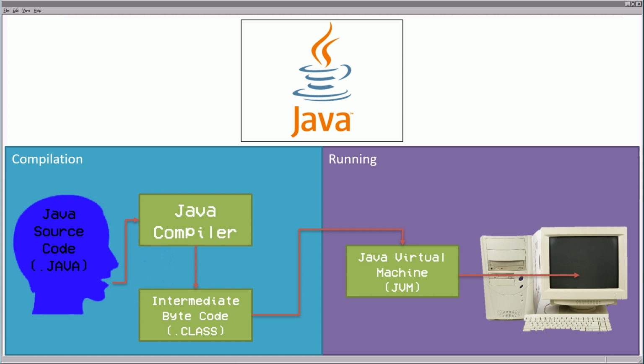Now, this intermediate step causes the biggest detriment to the Java language. The Java programming language is considered kind of slow because you have that step. But Java's main focus is portability. So when you develop something in Java, and thereby create those intermediate bytecodes, you can move that code to pretty much any operating system, almost any architecture, and it will just work.